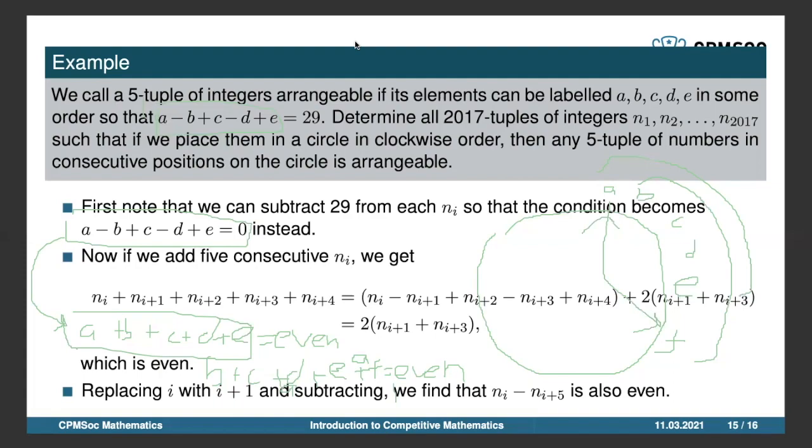So that's what it says here in the slide. We see that for any Ni on the circle, if you look at Ni plus 5, which is 5 steps to the right of Ni, Ni and Ni plus 5 must leave the same remainder when you divide by 2.